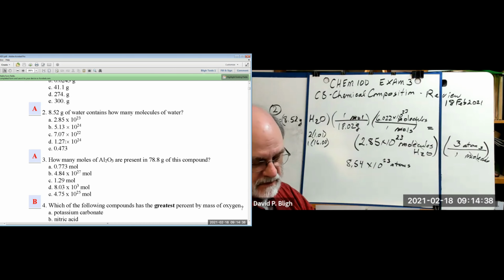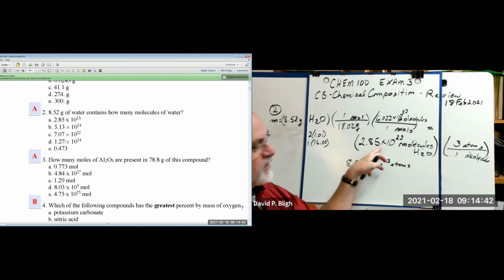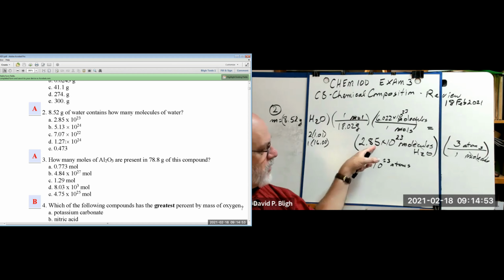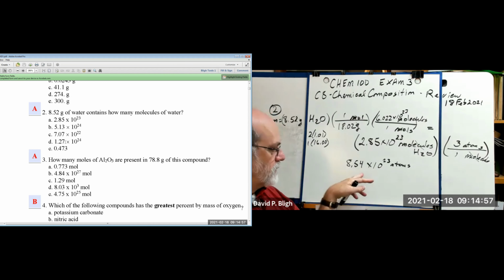So I just divide it by 3, and it's got the same number of atoms as molecules, right? Because for every 1 water, you have 1 oxygen. And then what's left over? Well, you subtract that from that, and that's the other 2/3. Or you take 2/3 of that. That's what I'm going to do, I think.